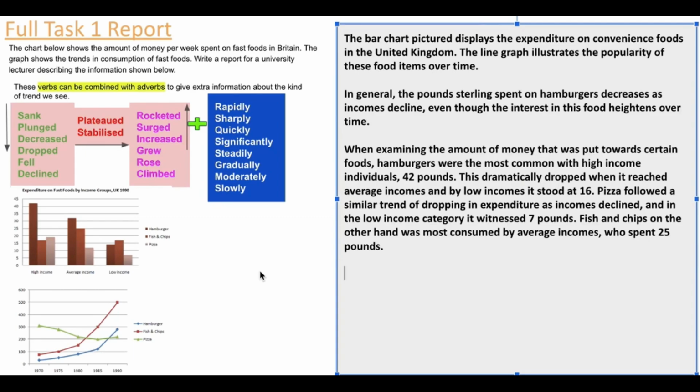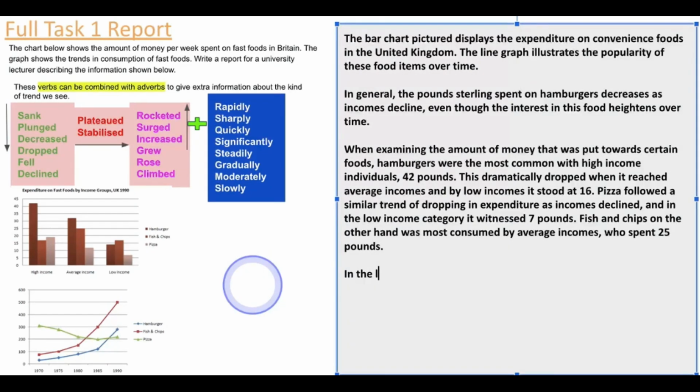We've also compared within the bar charts. So now let's look at the popularity, and we can compare this with the bar chart as well. So we can talk about the rise of hamburgers and fish and chips, even though the money spent on them declined over the years.